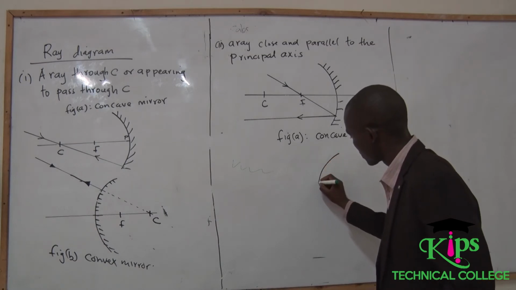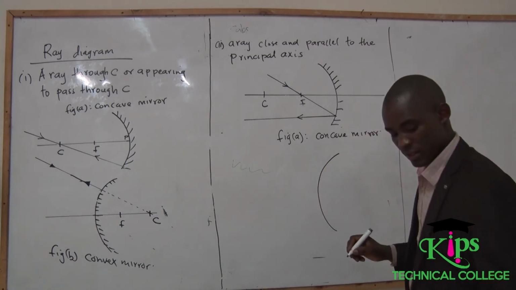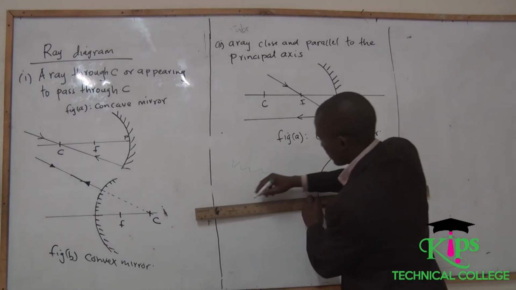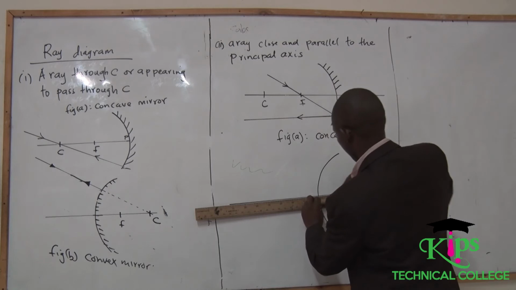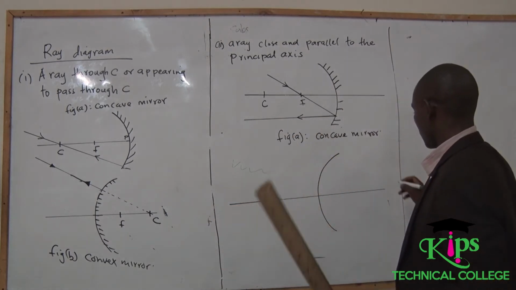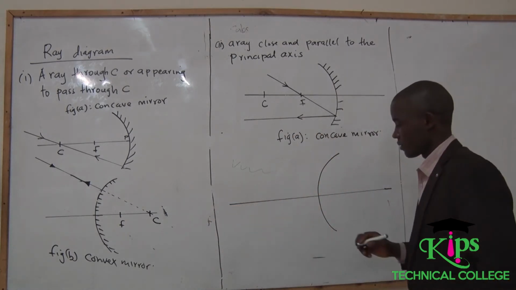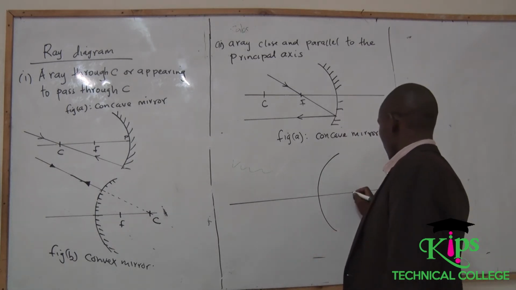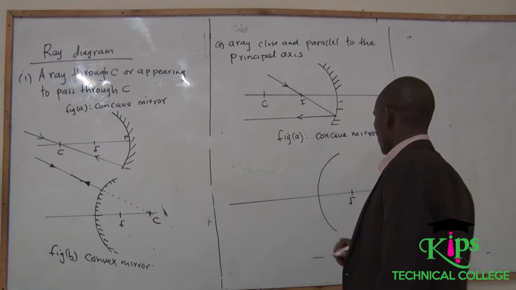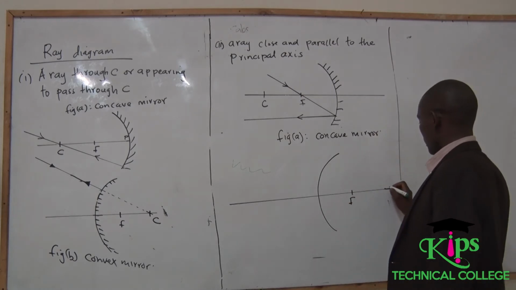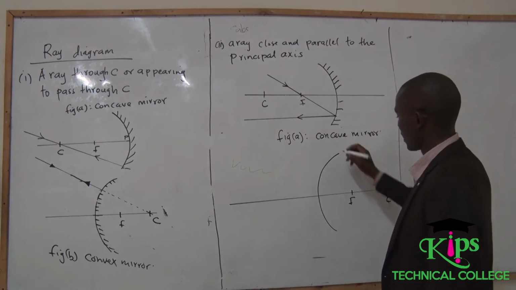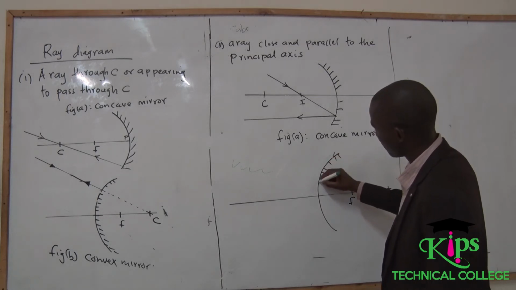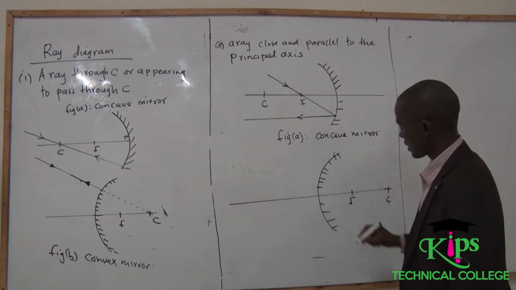You can draw this convex mirror like that, and we draw this line like that. Remember, I've said the focal point will be behind the mirror. The center of the curvature will also be behind there. Remember, for a convex mirror, you shade this other side.